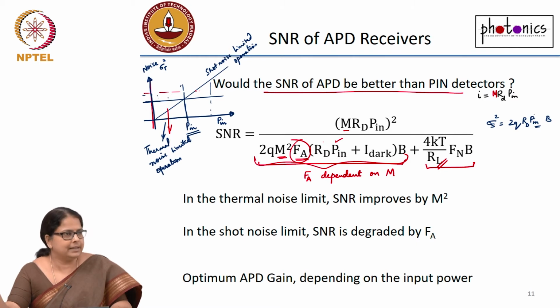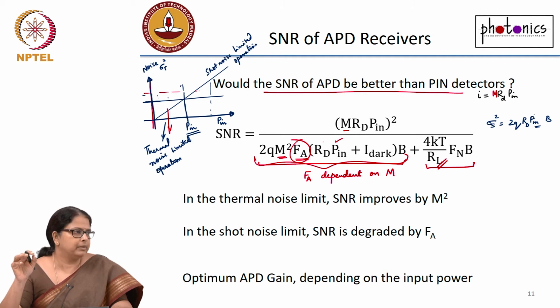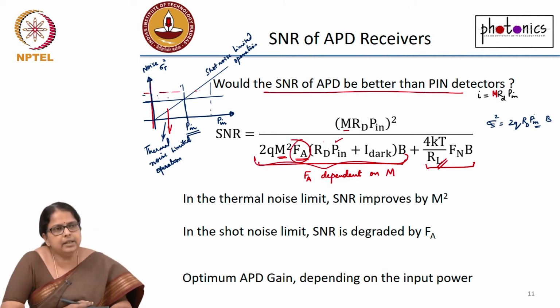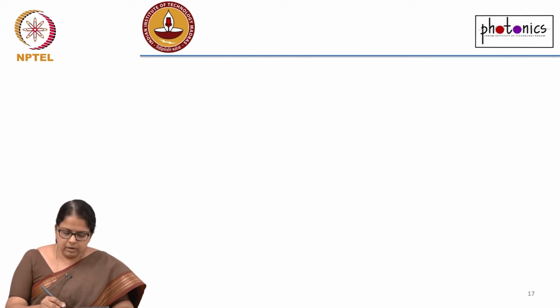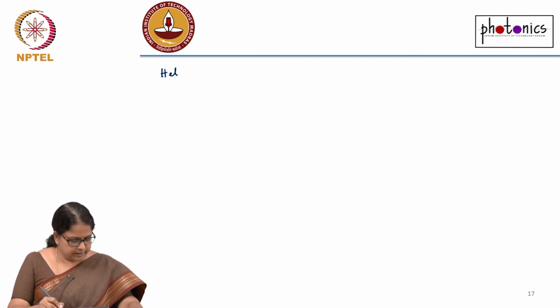For practical systems, it comes out to be about 16 or 17 dBm of power. 10 dBm is 10 milliwatt, 13 dBm is 20 milliwatt, 16 dBm is 40 milliwatt. You typically use something like 30 to 40 milliwatts of power to push this to a shot noise limited system.